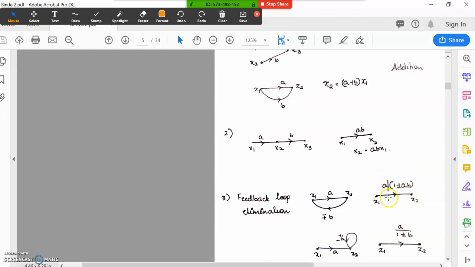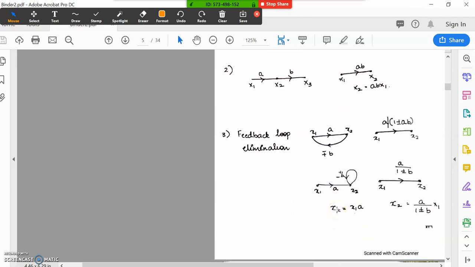It becomes a divided by 1 plus or minus ab, where g is equal to a and h will be equal to b. This loop is called the self loop here.